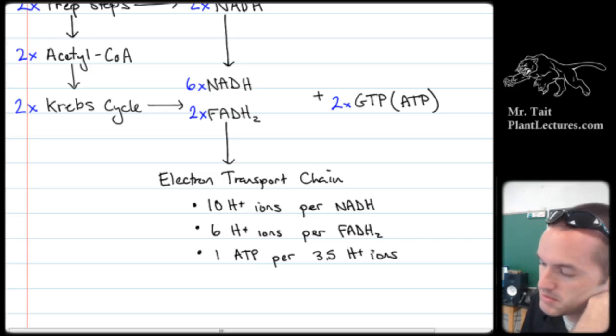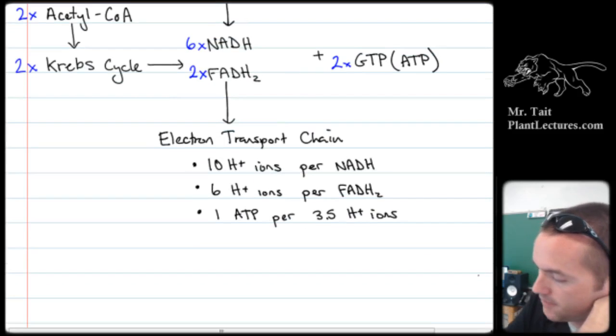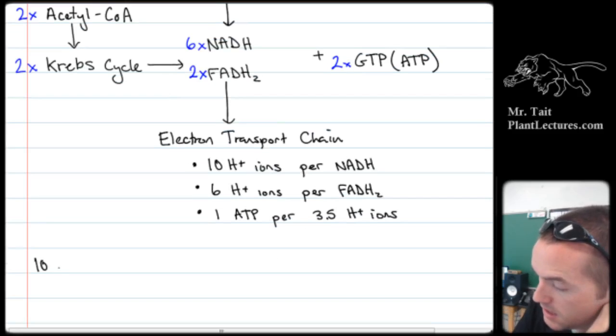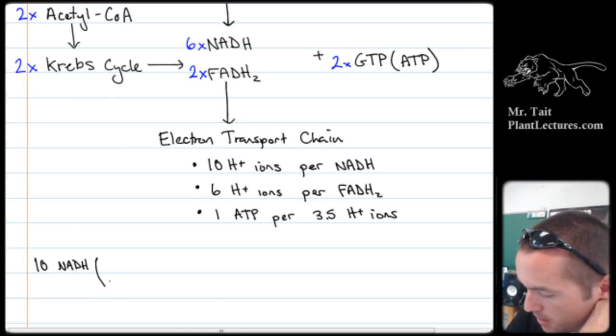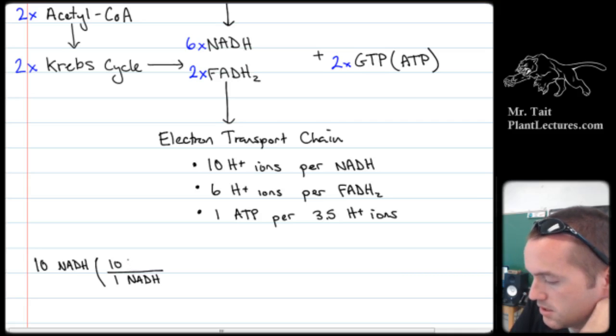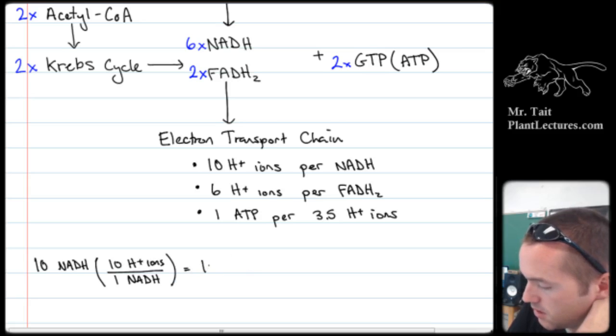We said we could do some simple math here, and we could say that if we have 10 NADH, that we can divide that by 1 NADH per 10 H plus ions. And that's going to give us 100 H plus.